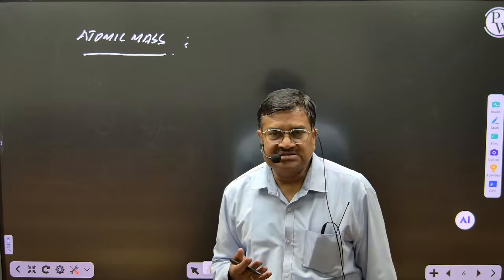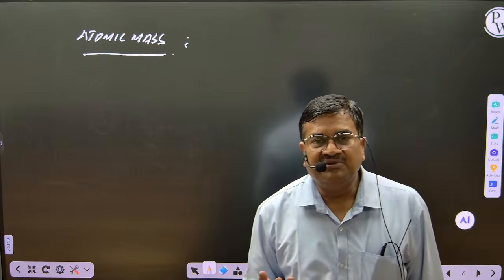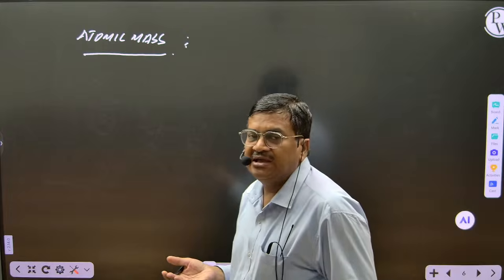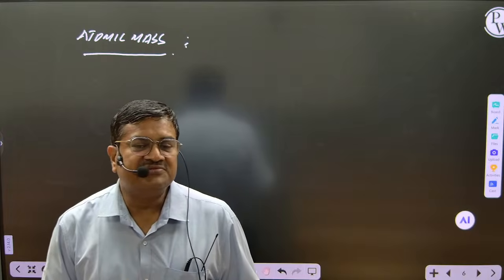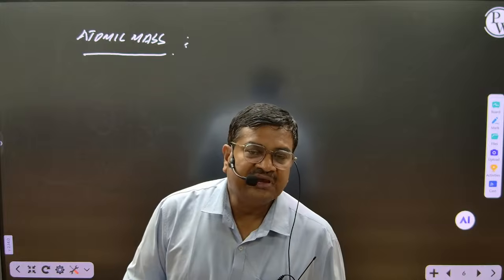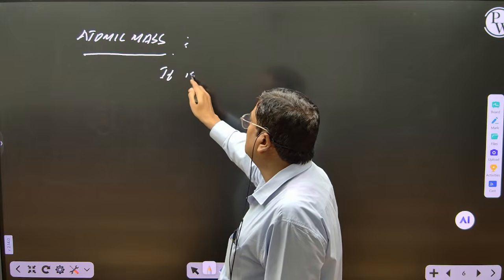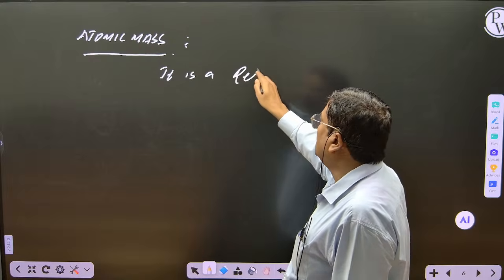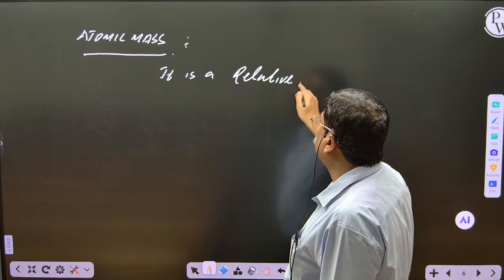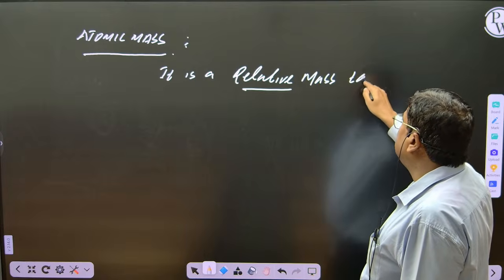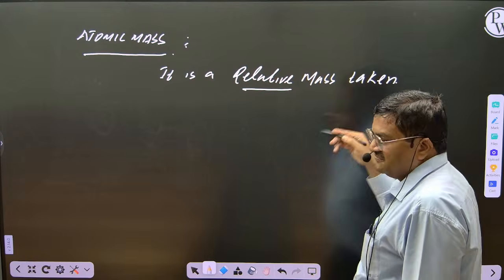So atomic mass, what we are doing, we are comparing with whom? Carbon 12. That means how many times an element is heavier than 1 by 12th part of C12 is called atomic mass. So right here, it is a relative property, or we say it is a relative mass taken with reference to whom?